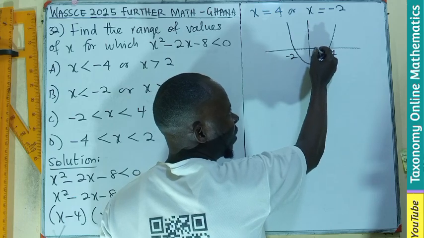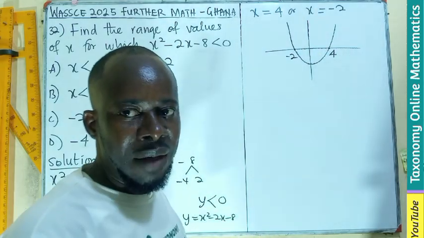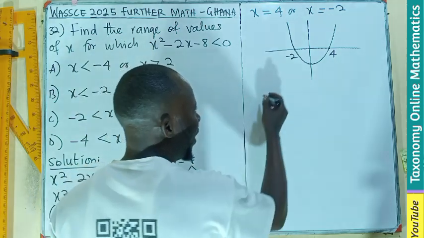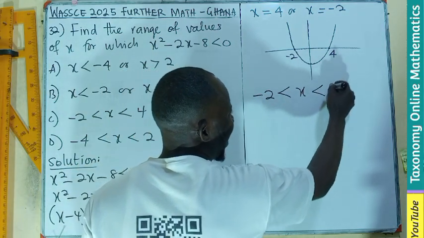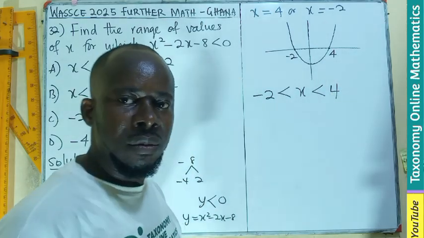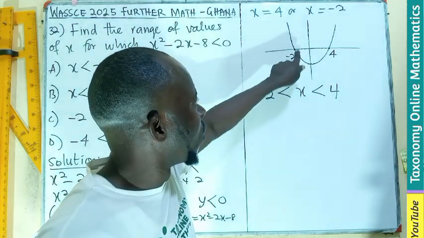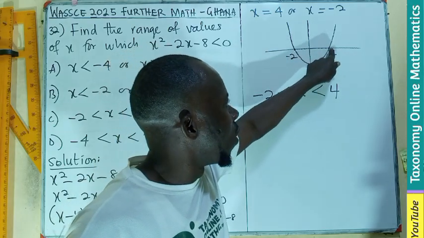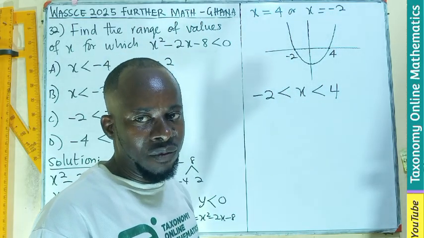It is going to be these values here between negative 2 to positive 4. Meaning the range will be negative 2 less than x less than what? 4. Because this negative 2 itself is not part of it. So it begins from here all the way and ends where the 4 is. Those are the values you're looking for.